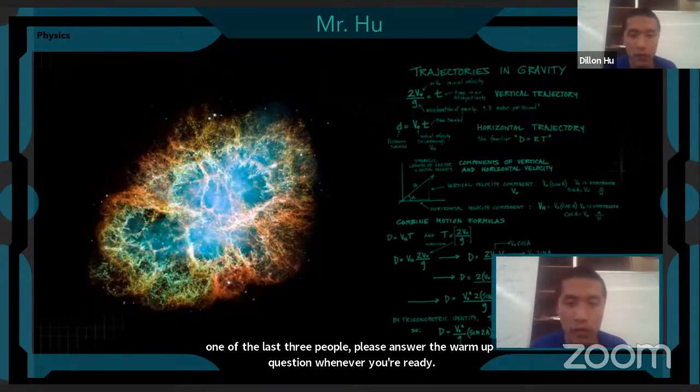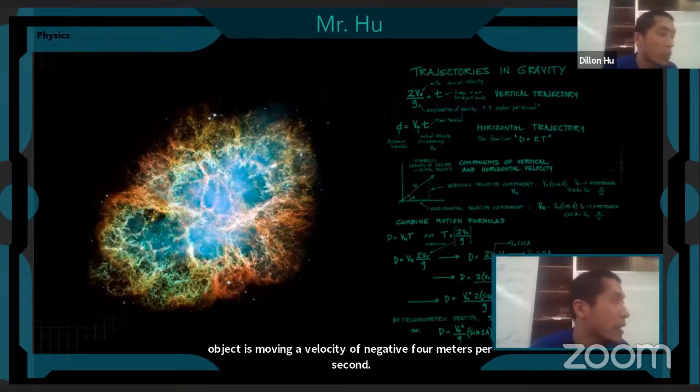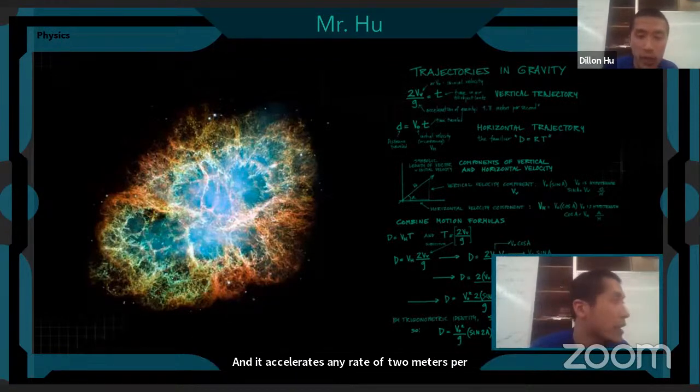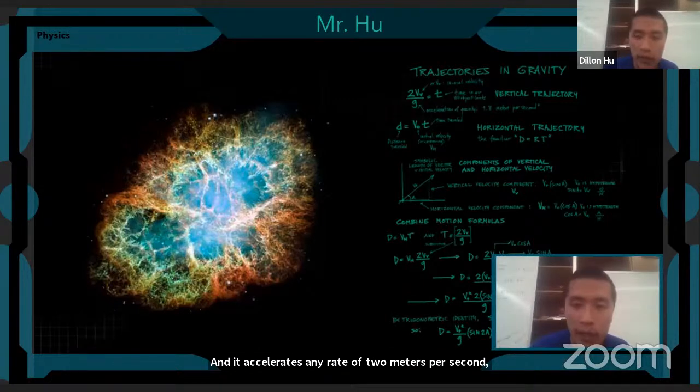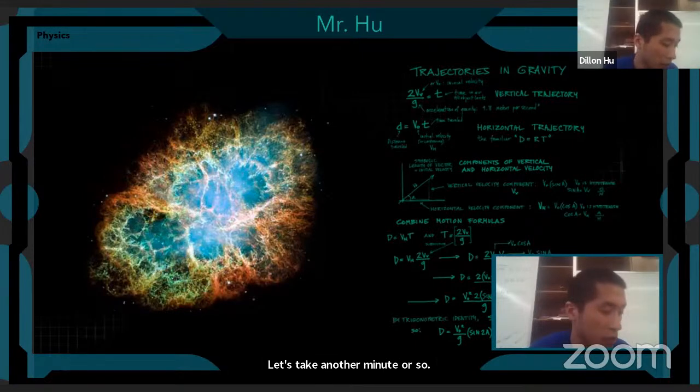An object is moving at a velocity of -4 meters per second, and it accelerates at a rate of 2 meters per second every second. What would its velocity be at 10 seconds? Let's take another minute or so to answer the question if you haven't already.